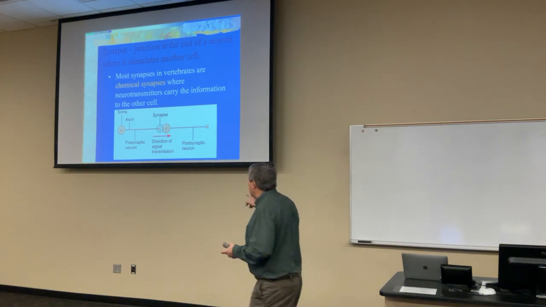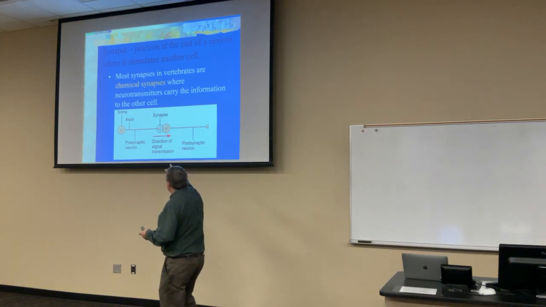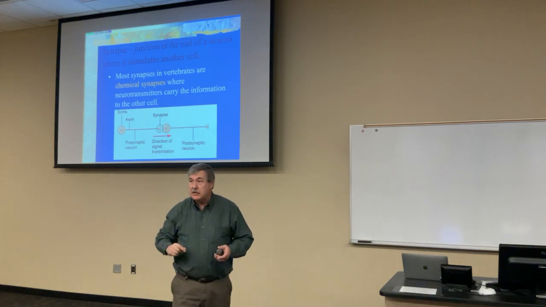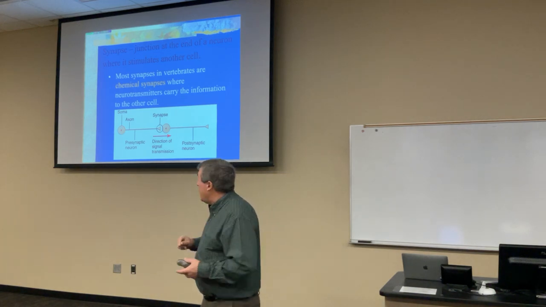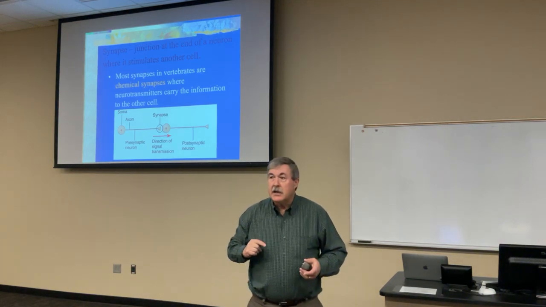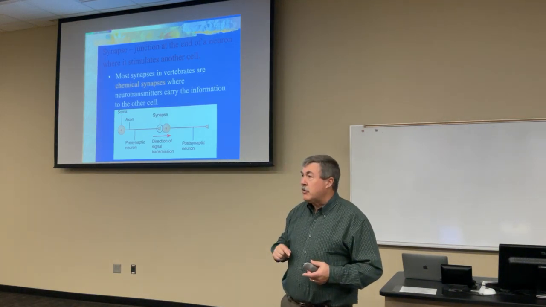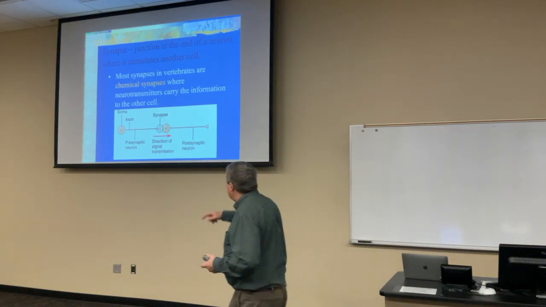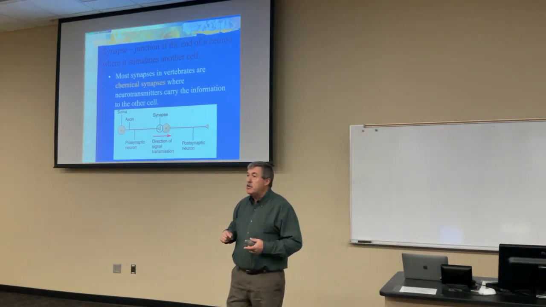Okay? So the junction or gap between the two cells is called the synapse. And the first neuron in that sequence is called the presynaptic neuron because it's before the synapse. The second one is called the postsynaptic neuron.